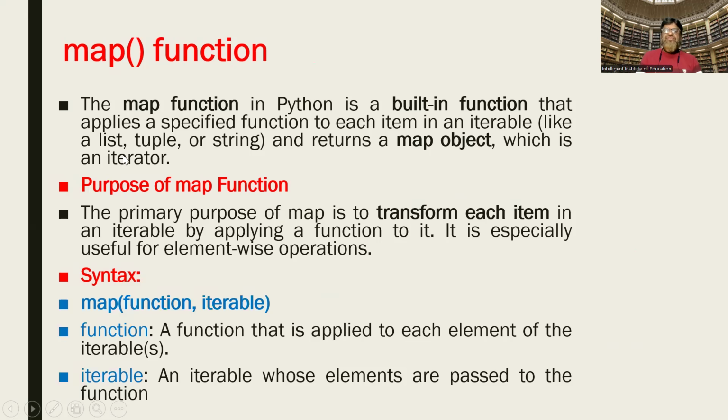Now, the second function we have is called the map function. Basically, what is the work and purpose of this map function? It applies to every element, every number in a list. Like in this, we want to perform some calculations on the elements in a list. For every number we want to multiply, or double it.